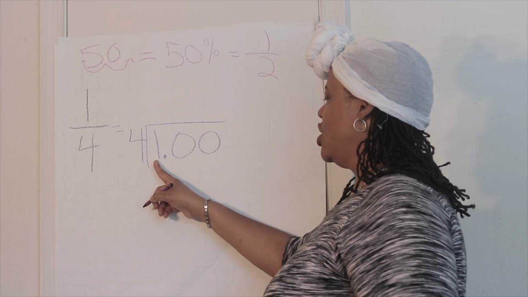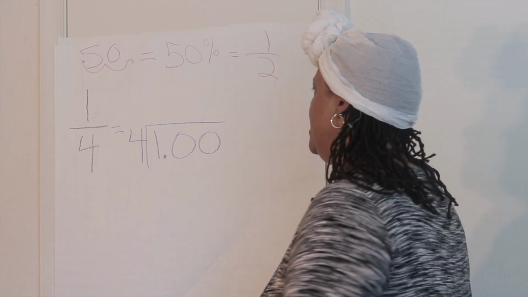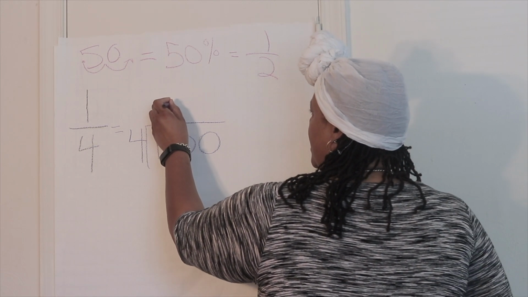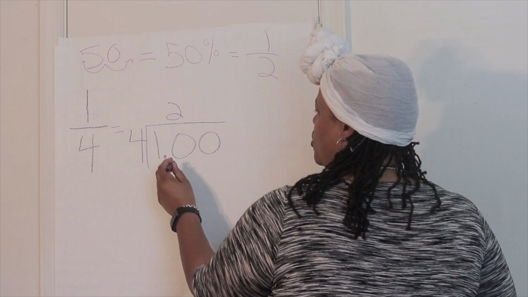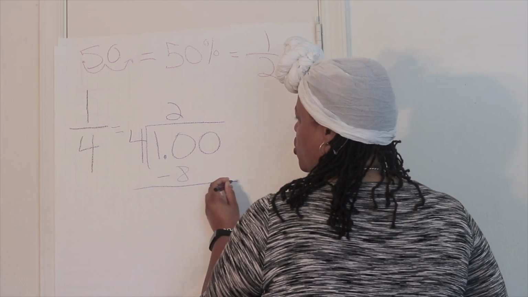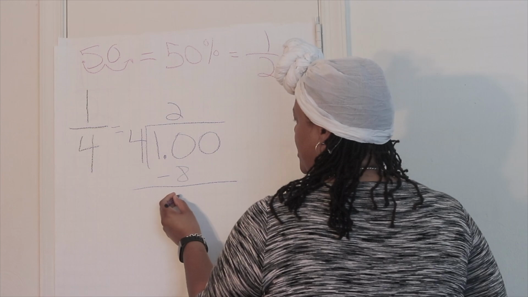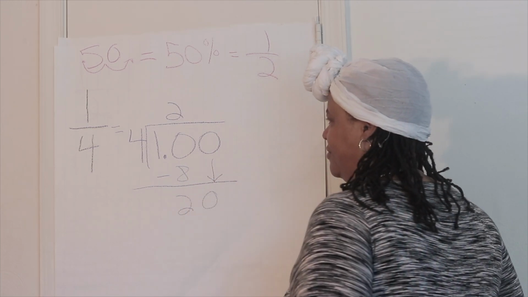Since 4 cannot go into 1, we have to make 4 go into 10. 4 goes into 10 2 times. 4 times 2 is 8. When we subtract 10 minus 8, we get 2 and bring down your 0.